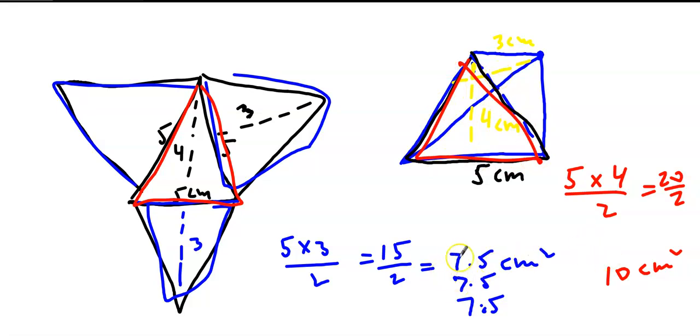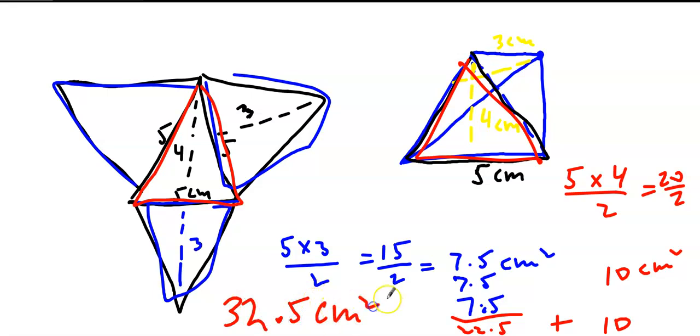And the 3 triangles here, we're going to add these up together, 7.5 plus 7.5 plus 7.5. This gives us 22.5 plus the 10 that was on the bottom. 22.5 plus 10 gives us 32.5 square centimeters. That's the overall surface area.